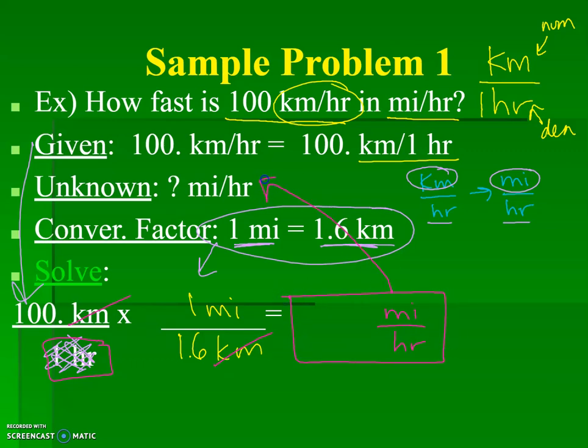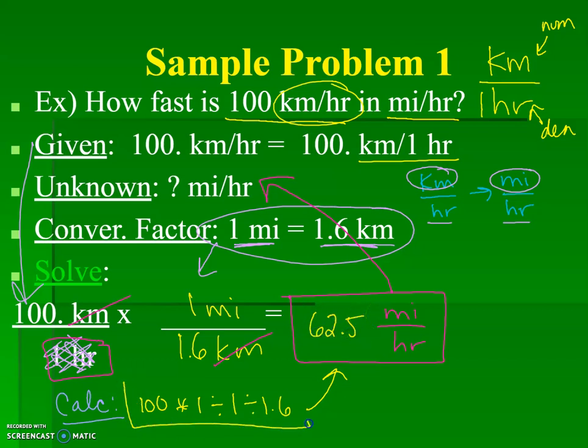And that's exactly what I have in my unknown right here. So how do I solve this? I solve this by putting in the calculator: you start with your numerator 100 times 1, divide by 1, and then divide by 1.6. And we should get an answer of 62.5.